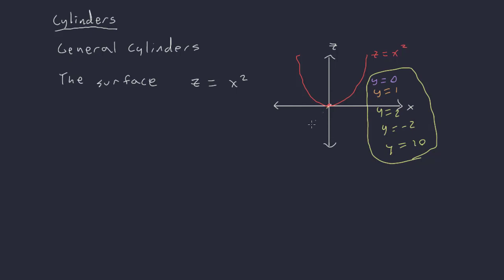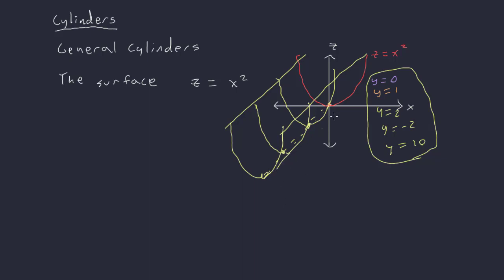So if we think of maybe the y-axis coming out this way, on each value of y, we're going to get the exact same parabola each time. Okay, so it's going to look like sort of a trough in this particular example, because all we're doing is stacking the same parabola over and over and over again.